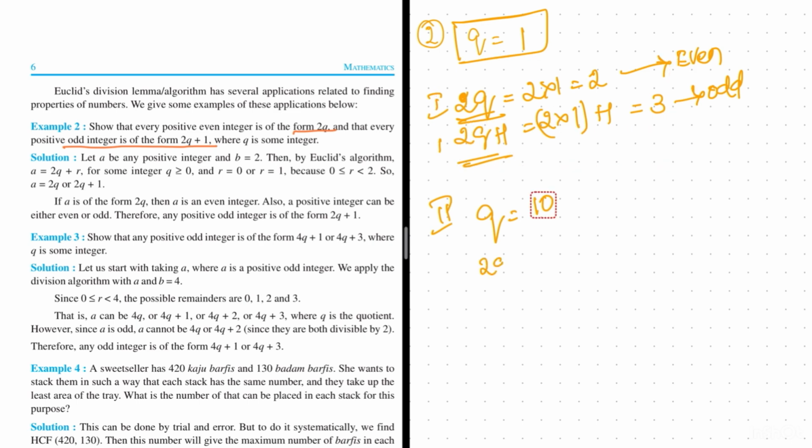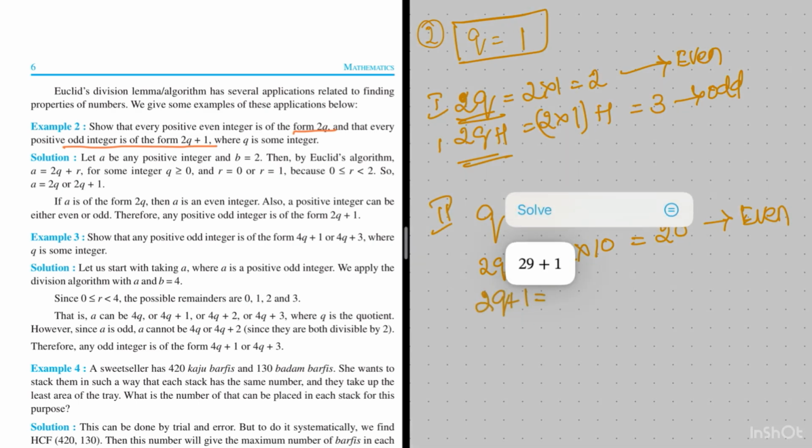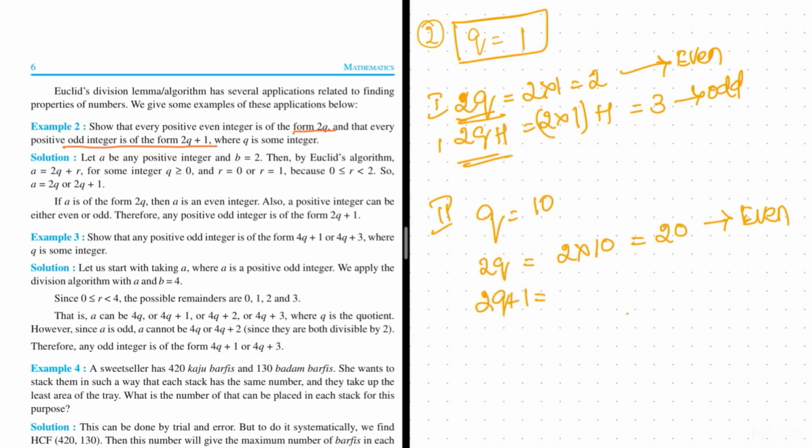Then 2q is equal to 2 into 10, which will again be an even integer, and 2q plus 1 will again be 2 into 10 plus 1, that is 21, and this is again odd.